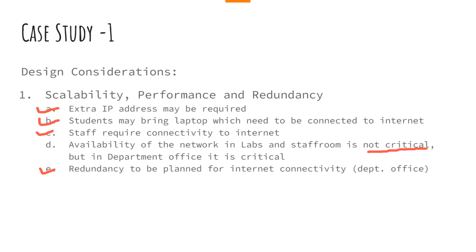The second thing is, are there any design expectations or considerations from a scalability, performance and redundancy point of view, which are given in the question. So here there was a mention that the department office connectivity with the internet is critical. So that helps me understand the redundancy expectation. Scalability expectation is also given. The performance expectation, nowhere is it said highly available, so we are not very much bothered about that.